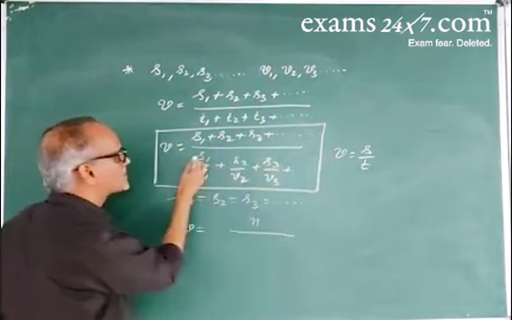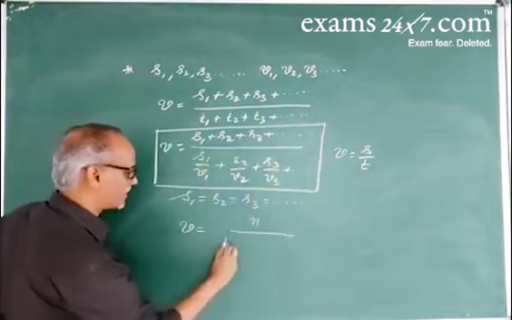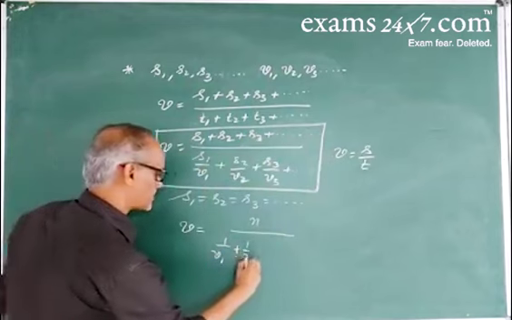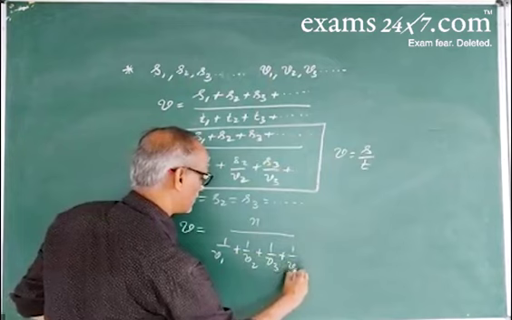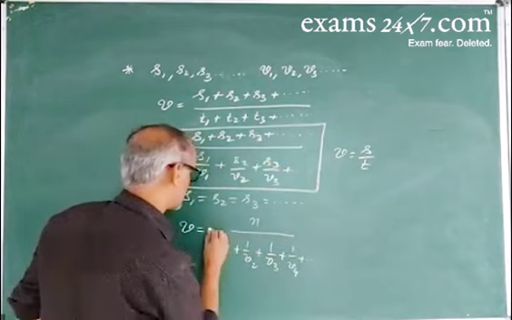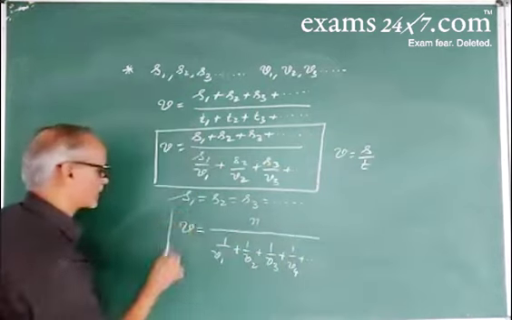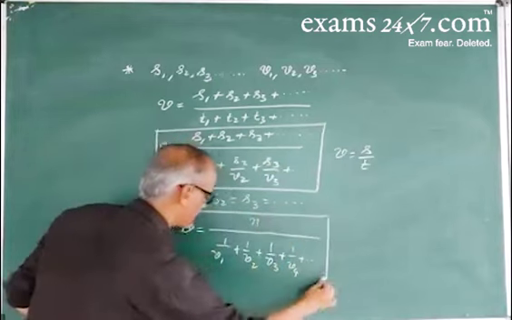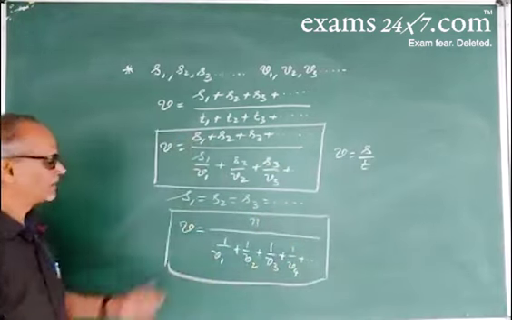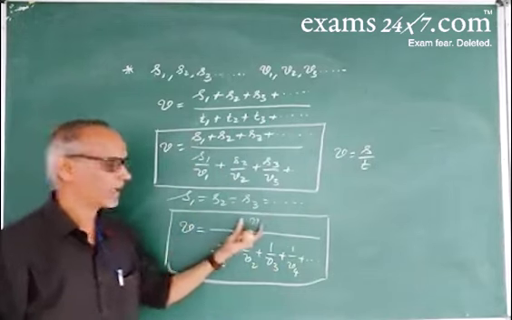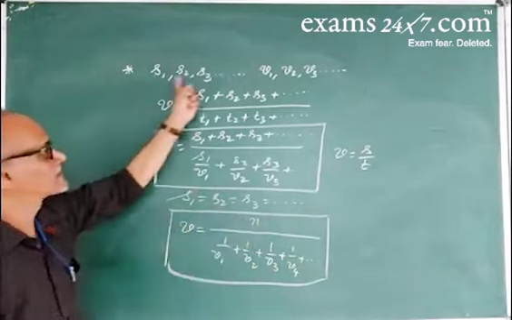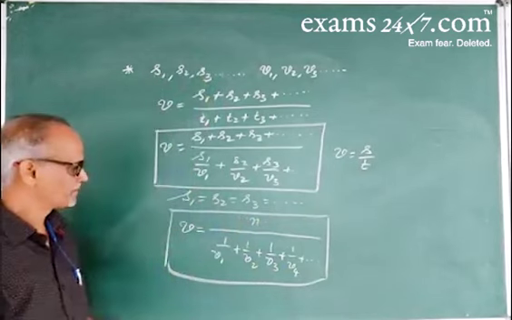When they are equal, this s will get cancelled with this s, thereby giving 1 by v1 plus 1 by v2 plus 1 by v3 plus 1 by v4, and there are n such terms. So this is a special case where we can find average velocity for n equal distances.